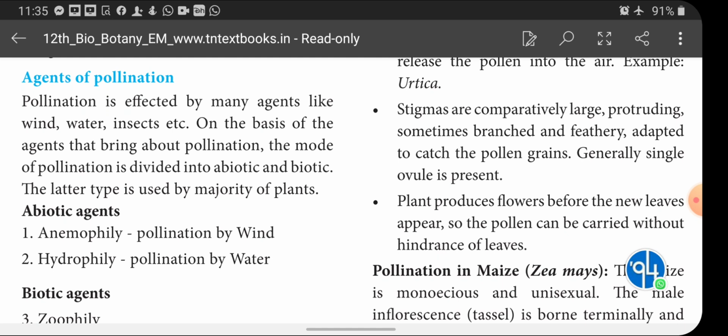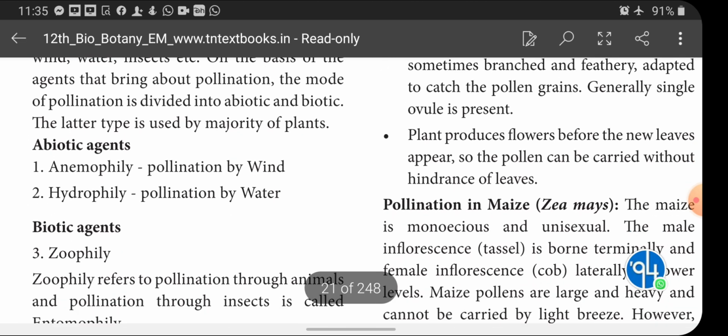What are the agents functioning for pollination? Wind, water, insects, etc.